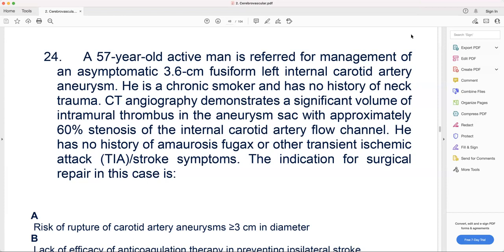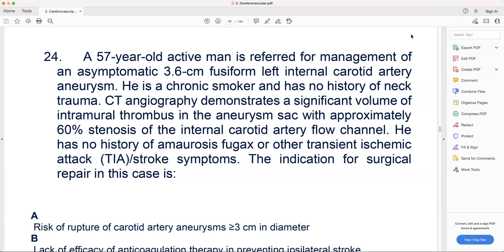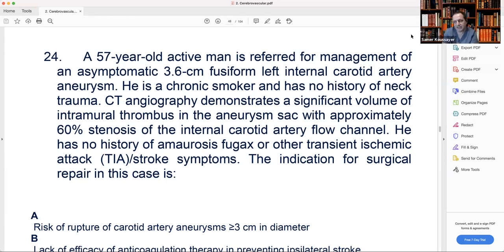Whoever put this question is a nice person. With 3.6, it needs to be fixed, no question. For the sizing, really, it's controversial. I don't think we have a cutoff. People go with double the size of the internal carotid, because the internal carotid differs from person to person.